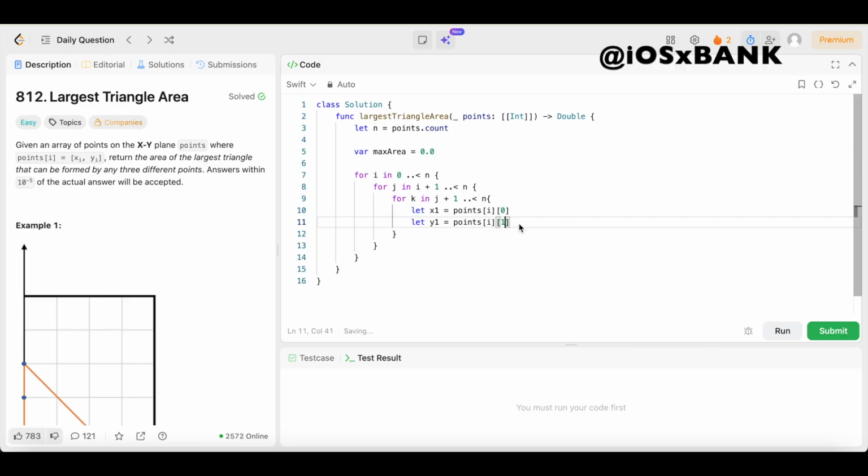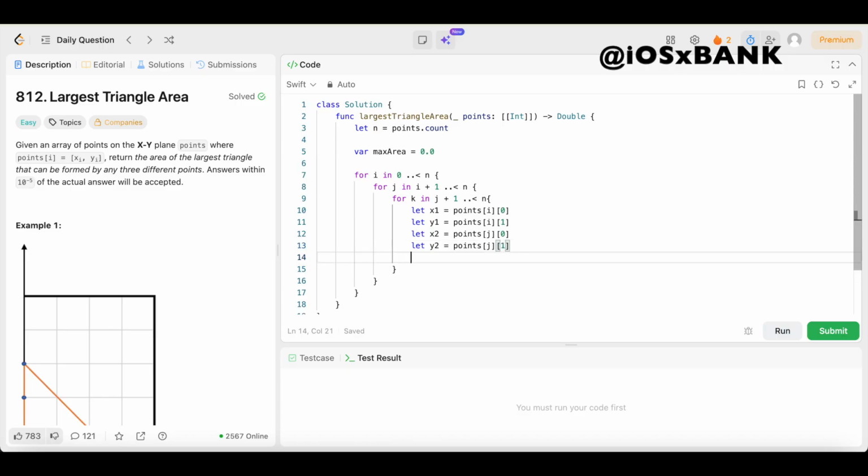Then we're going to do that again. We copy and paste this again. This time we're going to say let x2, then points j square bracket 0. Then do the same thing, this time this is y2, and this is going to be points j square bracket 1.